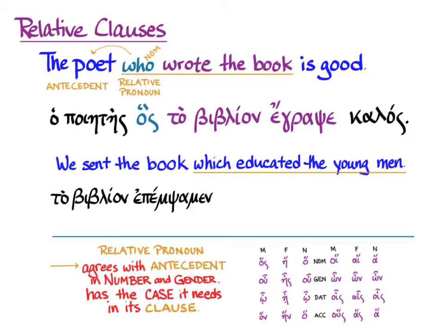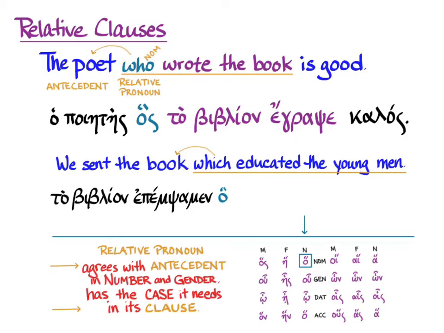The first rule, the relative pronoun agrees with the antecedent for gender and number. The antecedent this time is book, which is neuter and singular, and so we're going to need a neuter and singular relative pronoun. Then the second rule, it needs the case for the clause that it's in, which is the relative clause. Since which is the subject of educated, we'll use the nominative neuter singular.